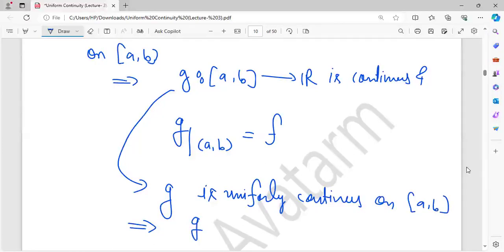If some function is uniformly continuous on a bigger domain, it will also be uniformly continuous on a smaller domain. So this implies G is also uniformly continuous on the open interval AB.